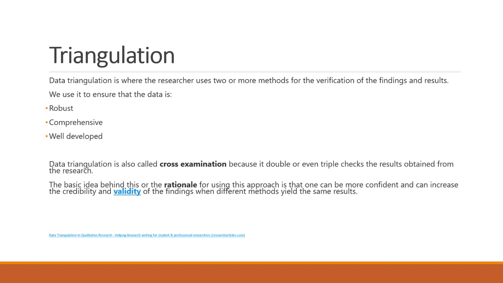And mixed methods also assist with triangulation, because you're using different methods to get an understanding of a particular phenomenon from different perspectives, or using different designs or methods, right? So data triangulation is also called cross-examination.